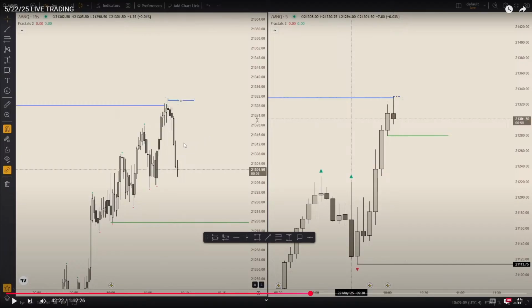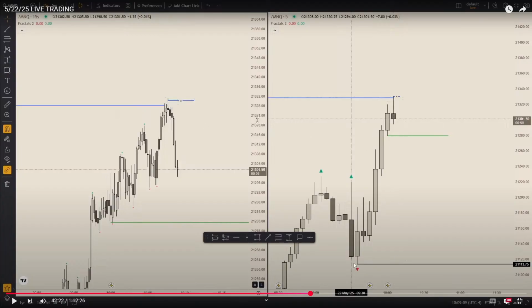So in a situation like this, I'm not sure if it shows up well on the recording, but this does not get marked with an arrow, because of the candles to the right, in the future: the first candle after this high is lower, but the second candle is not lower and pierces that high.